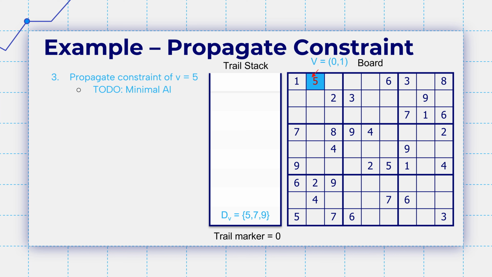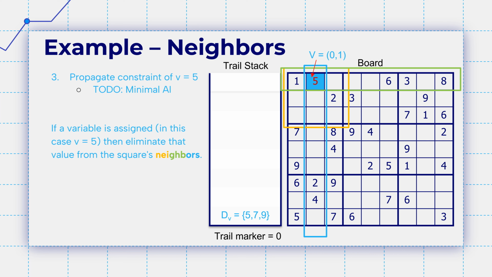Now, as part of the forward checking, we will need to propagate this new modification in the constraint that we have added to the board, which is basically assigning v to be 5. If you take a closer look at the forward function description, it says that if a variable is assigned, in this case v, we need to eliminate that value from the neighbors.